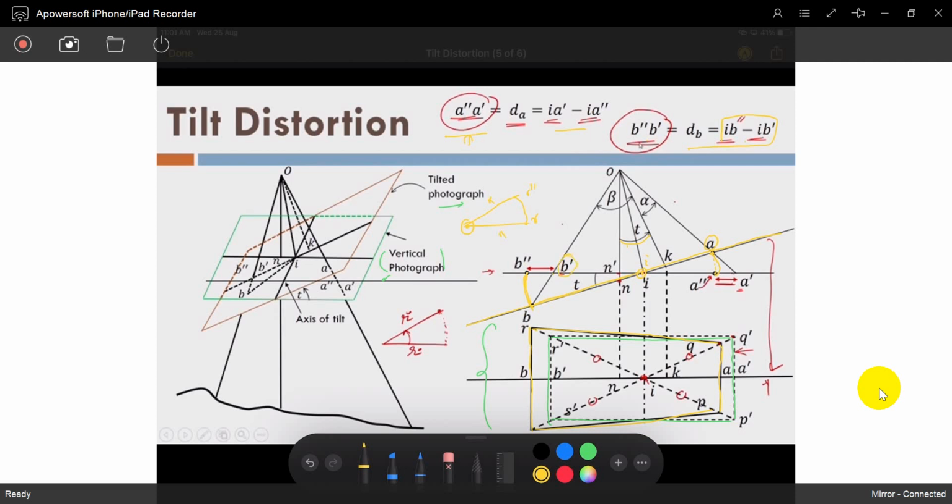If you take a tilted image, it will come to B. So the distance is this distance. In this also the distance is this distance. If you take a vertical photograph, the point will come at A dash. In the tilted photograph, it will come at A. The same point. So the distance between these two points is called tilt distortion.